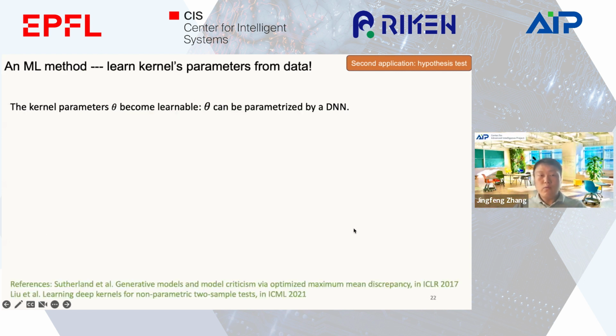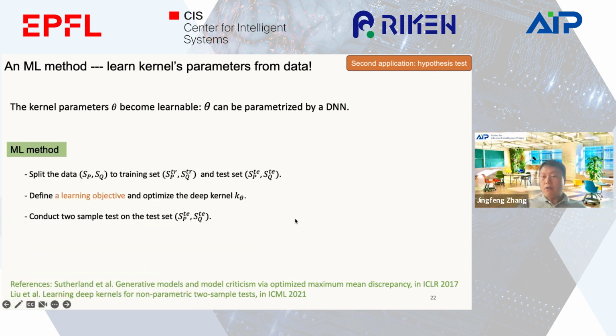Now, we go to machine learning time. We should learn the kernel parameters from data. We can use deep kernels, where theta is parameterized by a deep neural network. How to learn the parameter theta? First, we split the data SP and SQ into a training set and a test set.